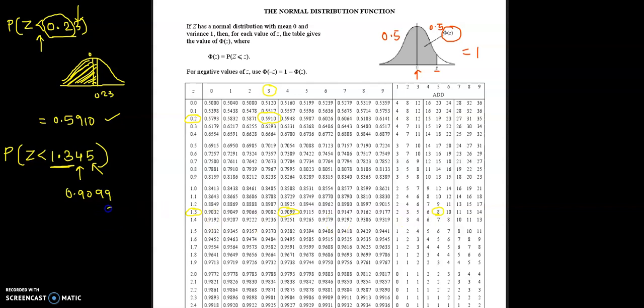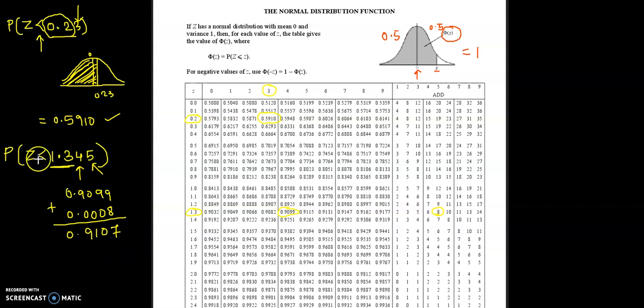Now this 8 I am going to add up with the previous value. But how am I going to add this 8? 8 is not an integer that you are adding here. This is actually 0.0008. And when you do this addition, you get the value 0.9107. So this is your required answer.